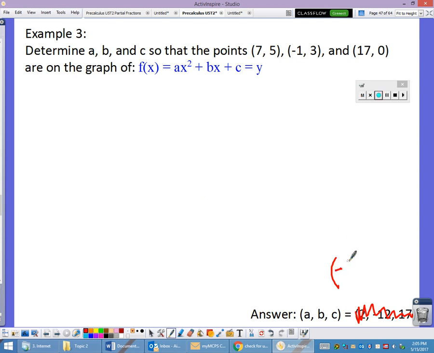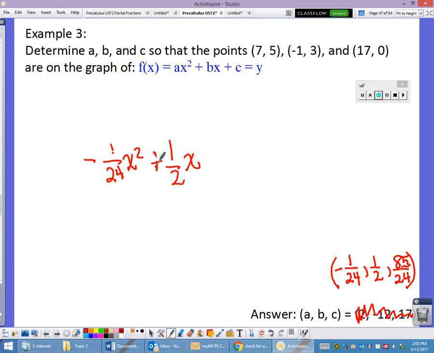You do math enter once you get those decimals after A inverse B. You get -1/24, 1/2, and 85/24. And again, those are the values that you're going to plug into the function. So you can have -1/24 x squared, kind of weird, but still works, plus 1/2 x, and then plus 85/24. Okay?